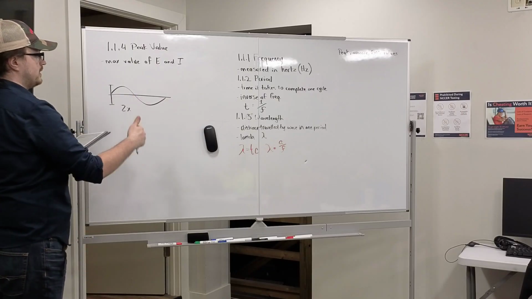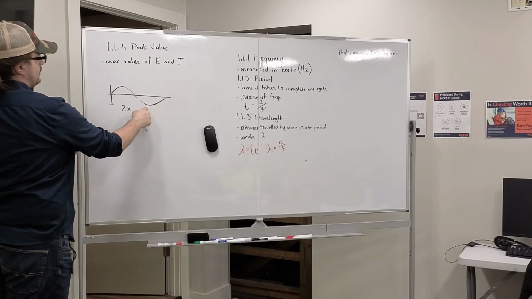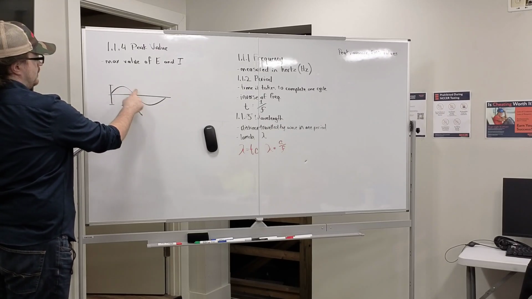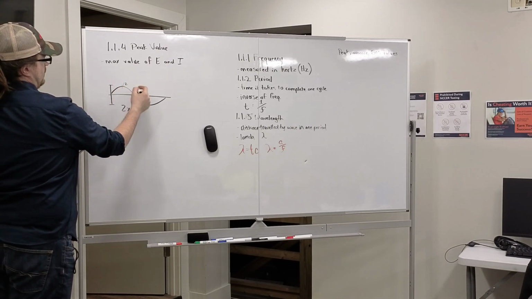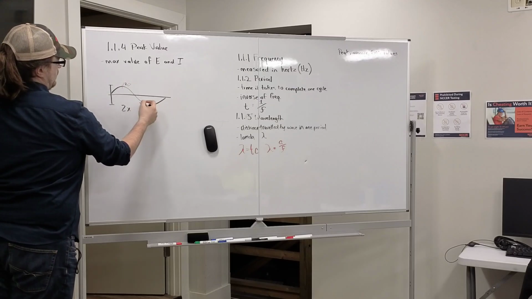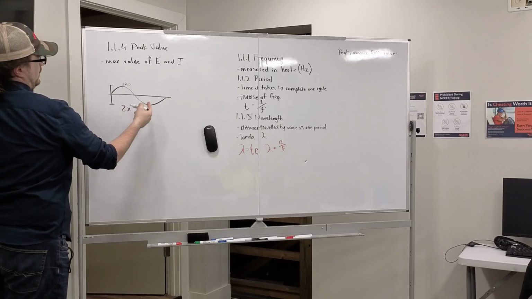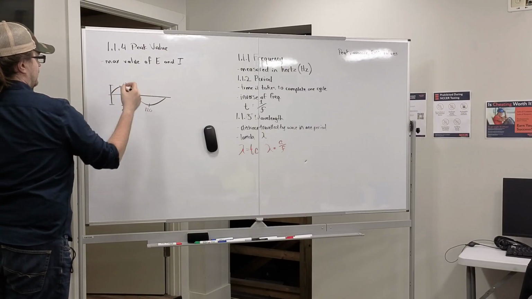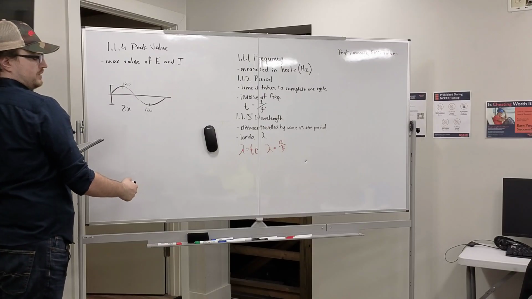Just because it's negative doesn't change that. If the peak value for a voltage was 120, it's 120 in both directions. The voltage difference between these two is 240.